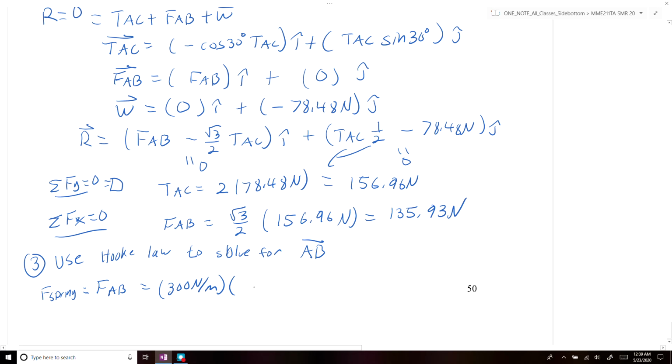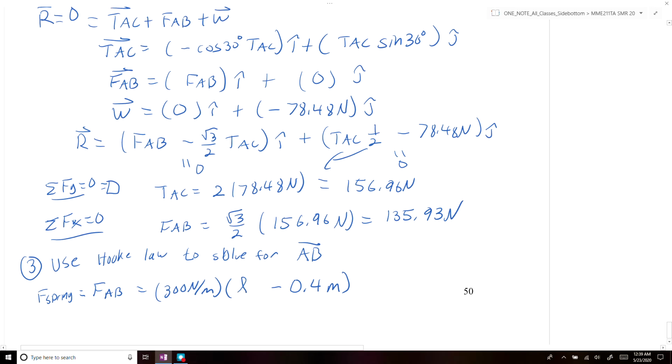So we were given the original length of our spring in the problem statement, which was 0.4 meters. So what we're looking for now is the current length of our spring, or the length from point A to point B. Right? And we know that FAB we solved for was 135.93 newtons. So we can solve for LAB.